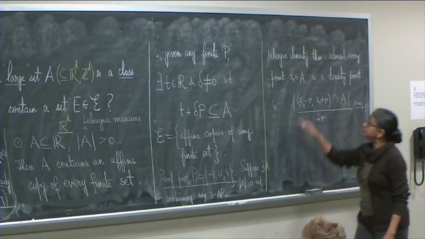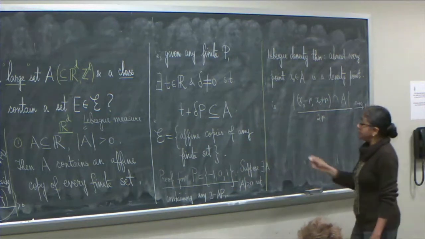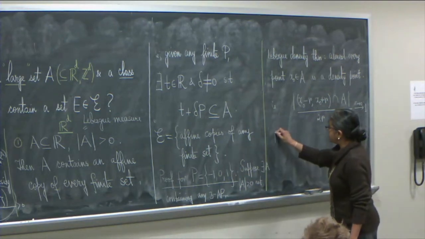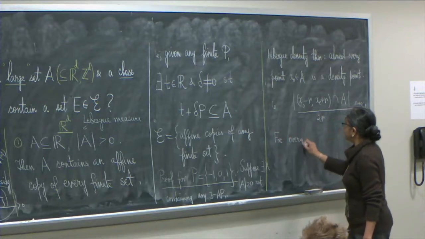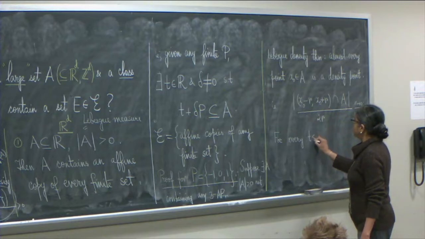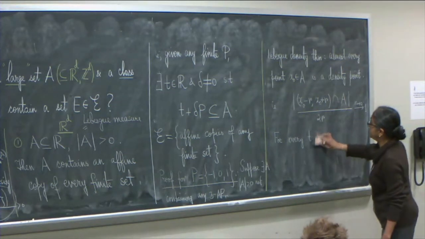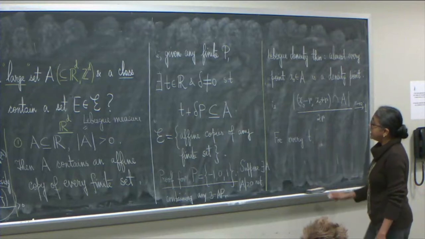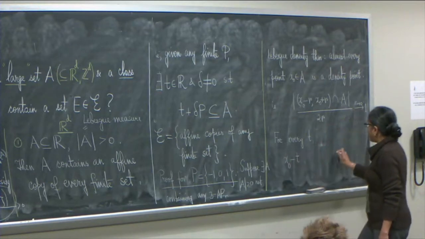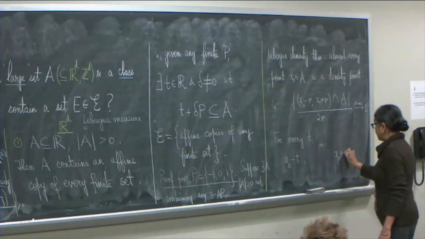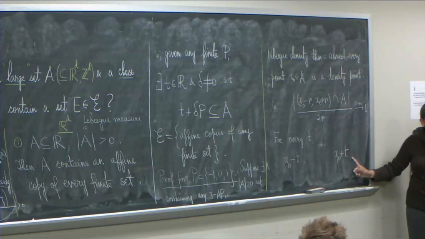Okay. Then pick a density point x0. What do we know? We know that for every t, that real number that you pick, if you look at x0 minus t and x0 plus t, one of these cannot belong to A. Why?